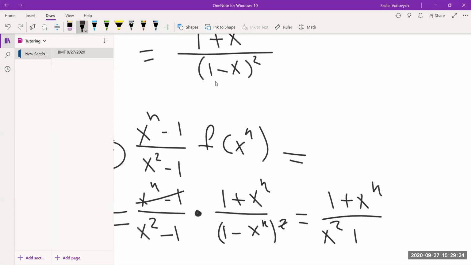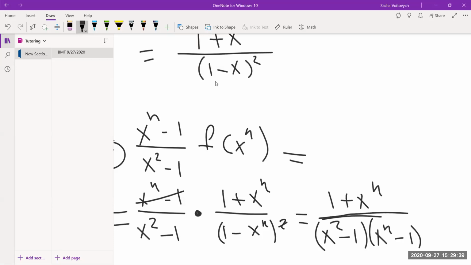x squared minus 1 times 1 minus x to the n, over x to the power of n minus 1.